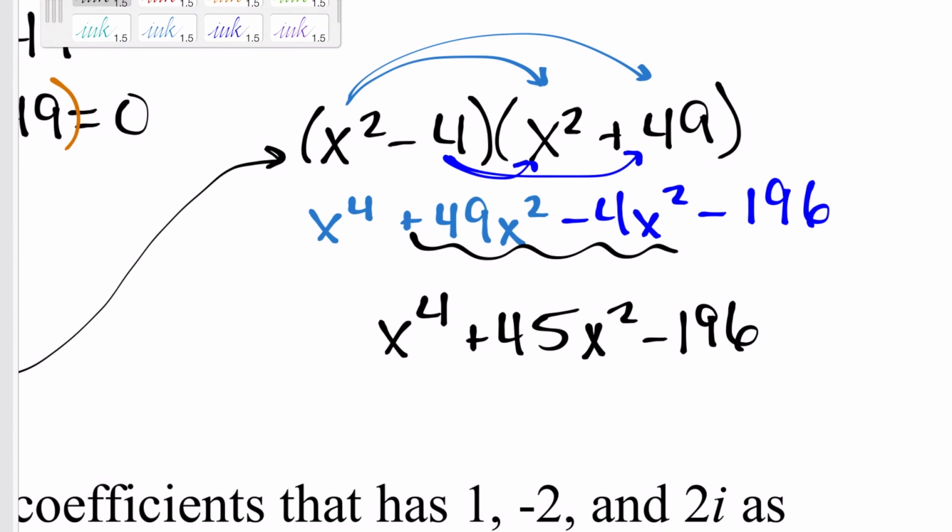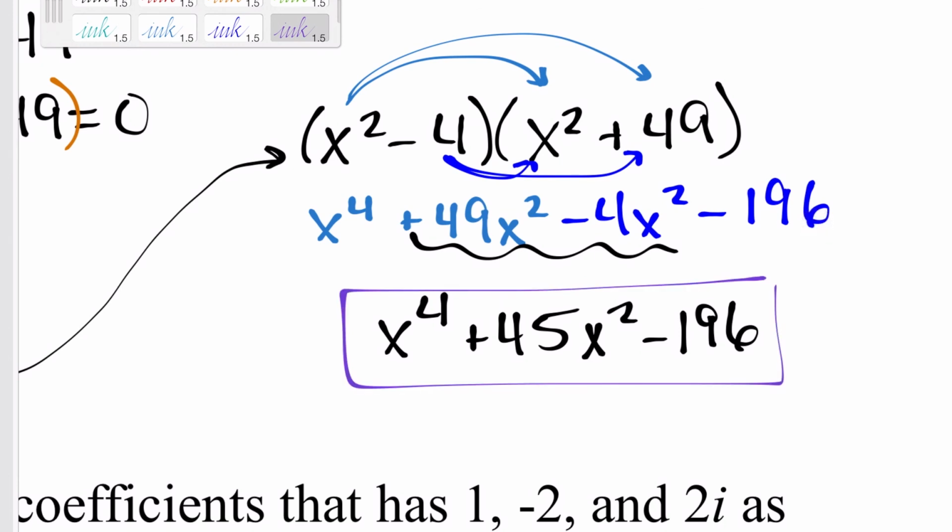Now that I've done all my multiplying and simplified all my like terms, I get my final solution of x to the 4th power, which they told us it should be to begin with, plus 45x squared minus 196. Notice I don't have any more imaginaries. I got rid of them when I did the square at the very beginning, so all of my coefficients are real and I am finished.